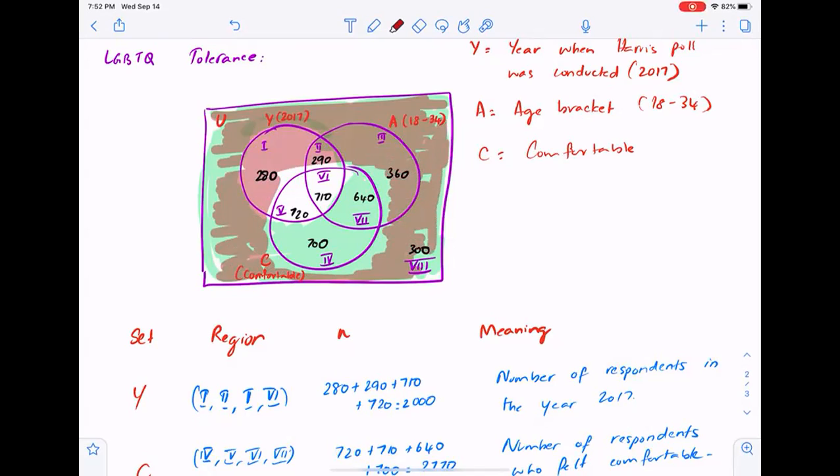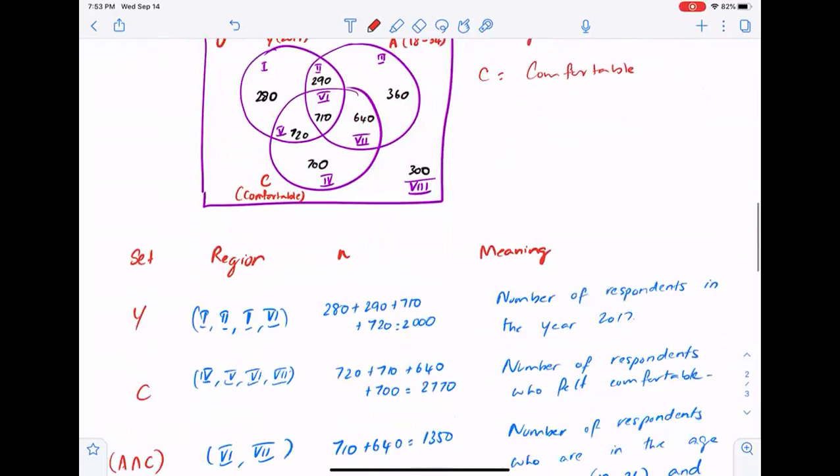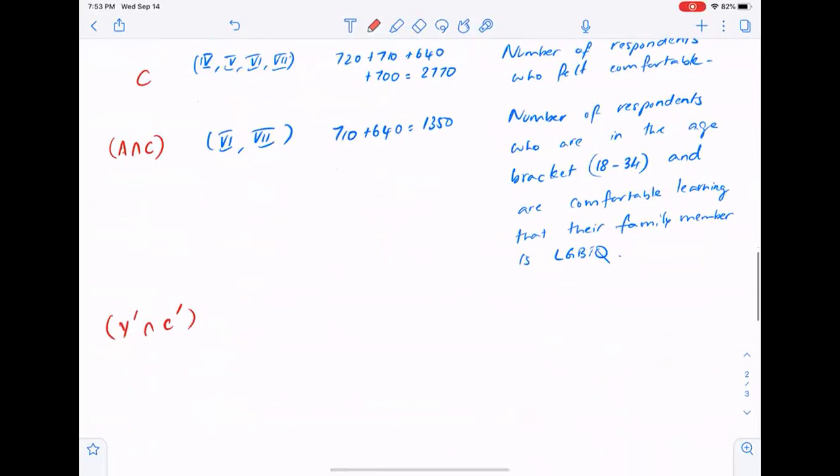And we can note that there is certainly an overlap. The overlapping parts are right here and there. In other words, the overlapping parts are region 3 and region 8. So we have 360 plus 300.